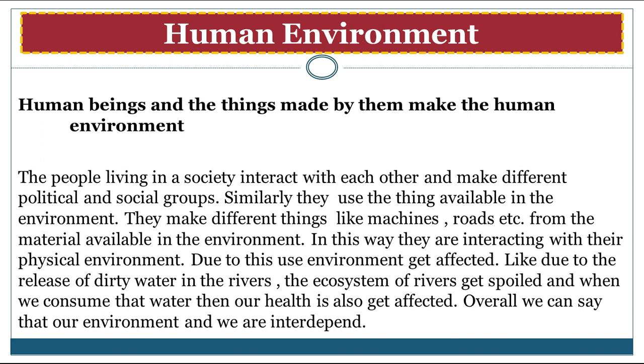Similarly, they use the things available in the environment. They make different things like machines, roads, etc. from the material available in the environment. In this way, they are interacting with their physical environment.